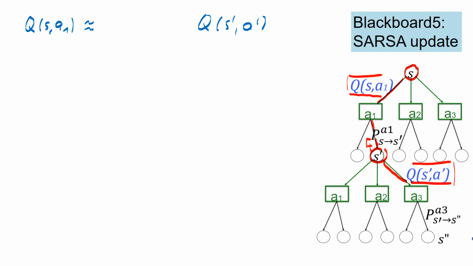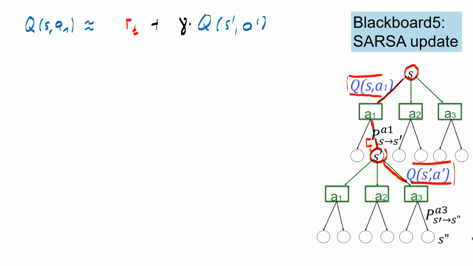And the difference is that there's also this extra reward. And there's another difference, and that's we should discount the Q of S prime, A prime. Gamma is its discount factor, for example, 0.9. Okay, this is our approximation.